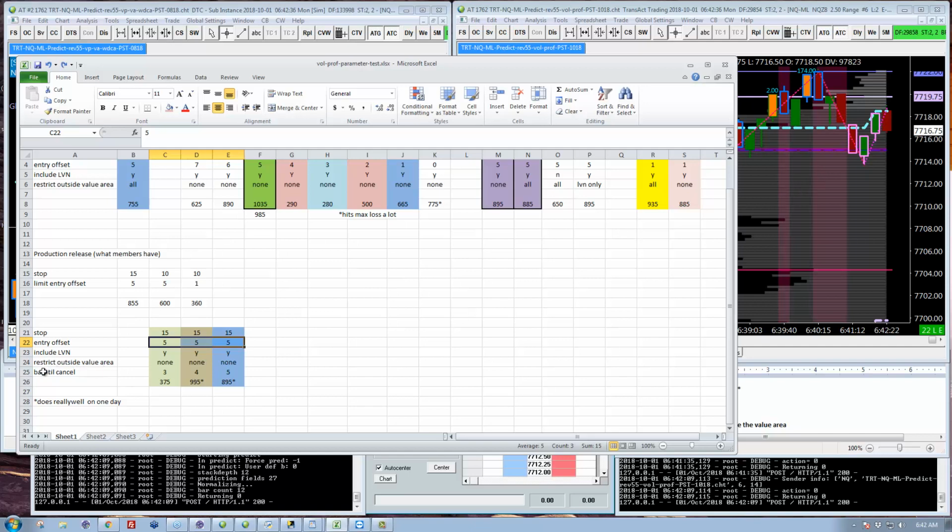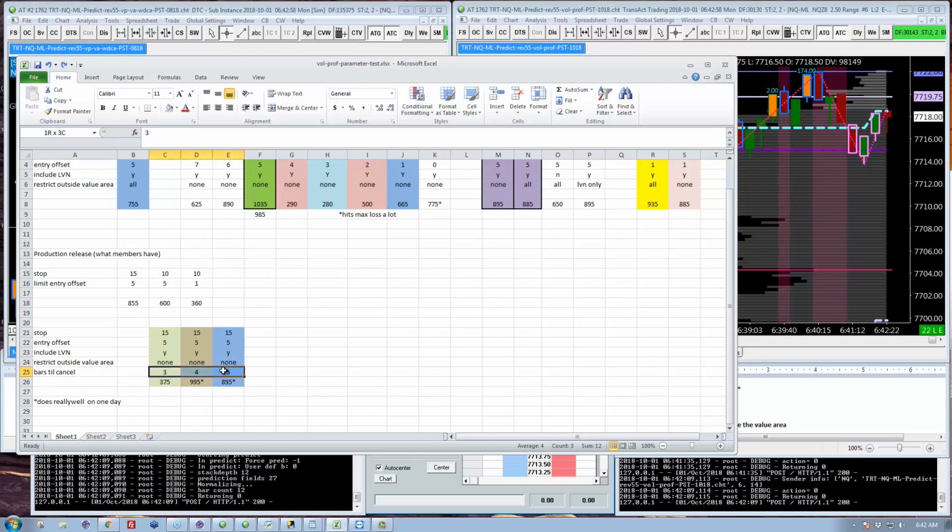So that's this bars till cancel row here. It's currently set to 2, which really means you've got to get filled on the next bar. I place the order, I need to get filled on the next bar, and if I don't get filled on the next bar, cancel. That's the current setting.